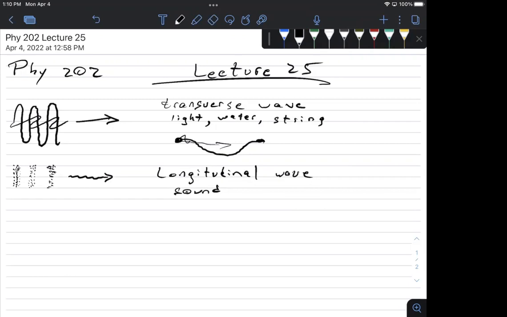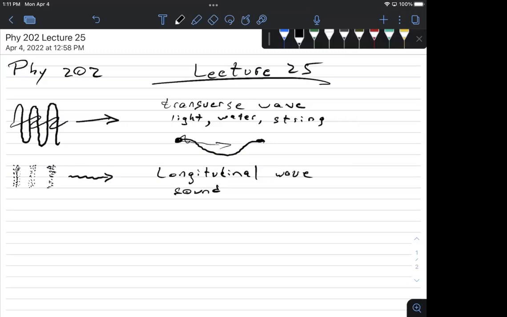Again, what makes light unique is that what is waving is not the particles of the medium. Like with sound waves, what's waving is the air molecules you're speaking into, and it's through the air that the sound is moving. That's why in truly empty space, if you try to talk, there's no sound, because you're not able to push or pressurize any molecules, so there's nothing for the sound wave, quote unquote, to propagate through.